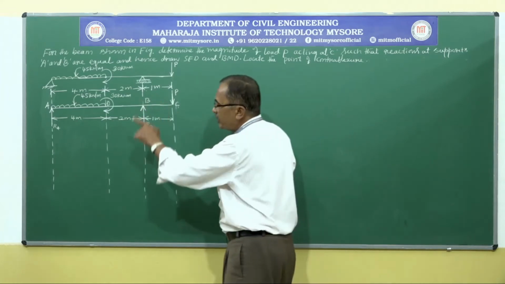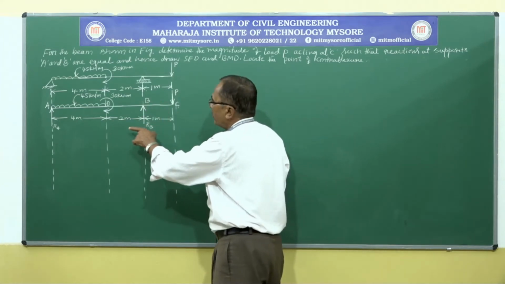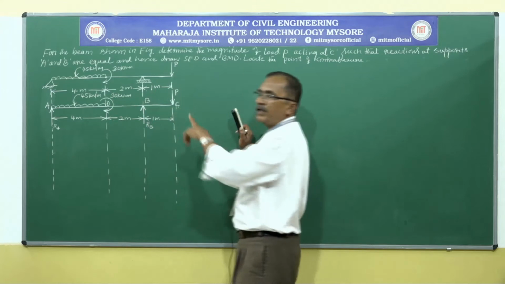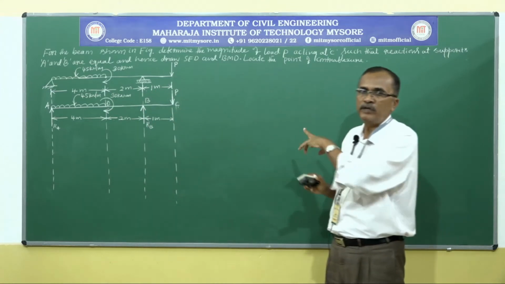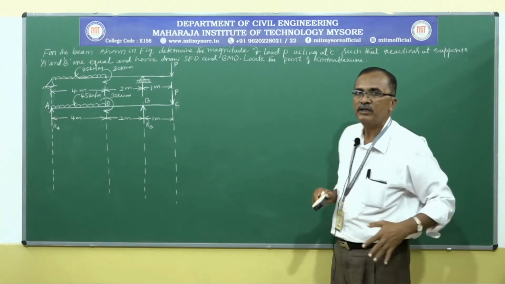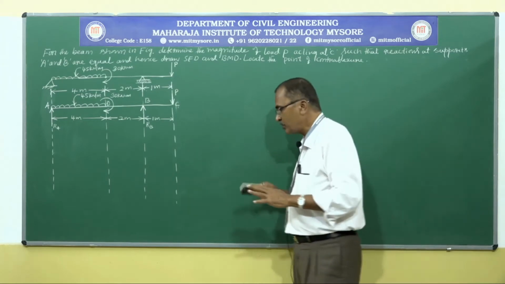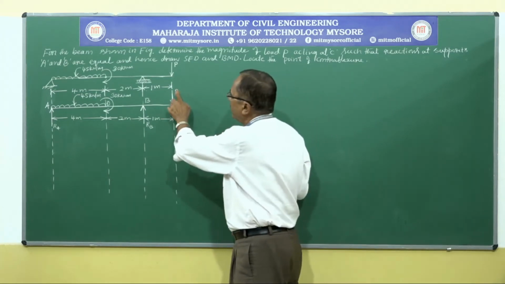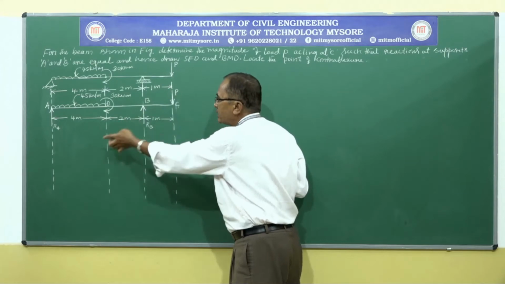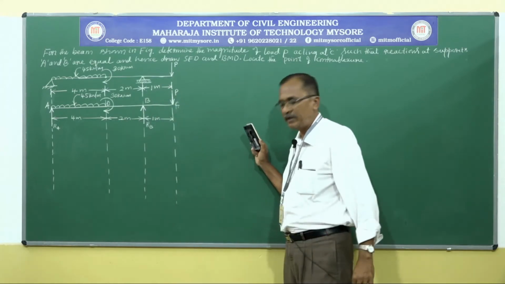So by using this condition and by applying equilibrium conditions, we can develop 2 equations. Solving those 2 equations, it is possible to get the magnitude of P as well as reactions RA and RB.